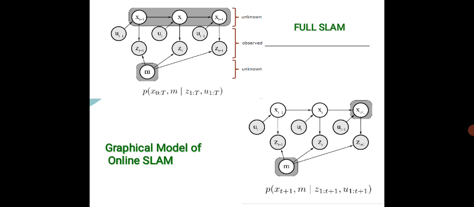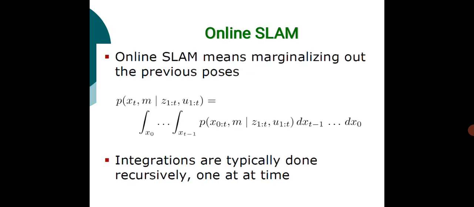For full SLAM, it goes from the 0th position to t, taking the entire path. Whereas here you go from one pose to the next pose at a particular point of the path. So online SLAM means marginalizing out the previous poses.